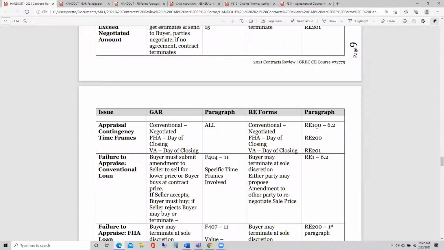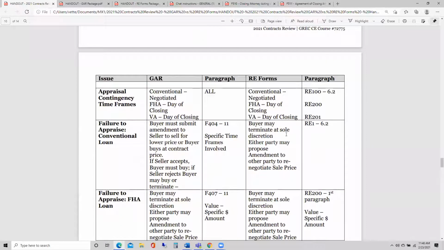In the GAR amendment, it has a sentence that references, shall the 8-day unilateral right to extend still be intact or not? Well, that doesn't make sense because there is no unilateral right to extend under the RE. So you can mix and match the forms, but you have to read through them and make sure that it is applicable to the main purchase and sale agreement that the parties are binding under.